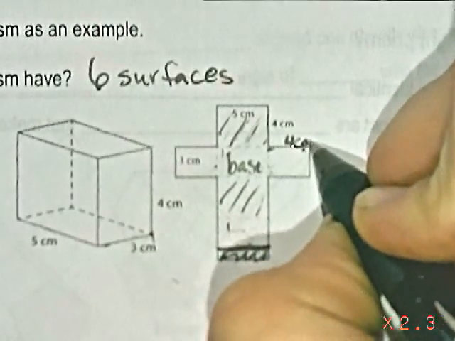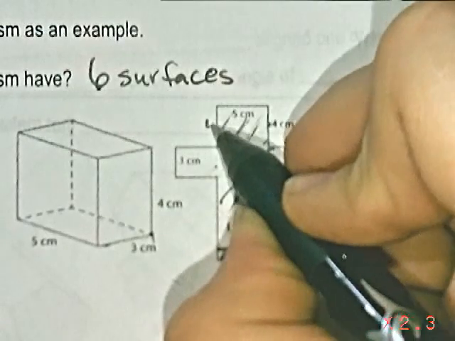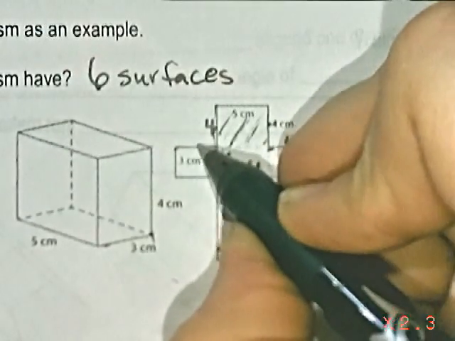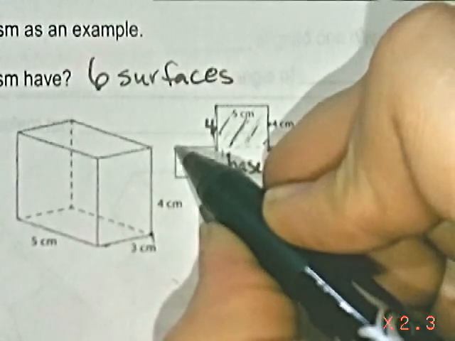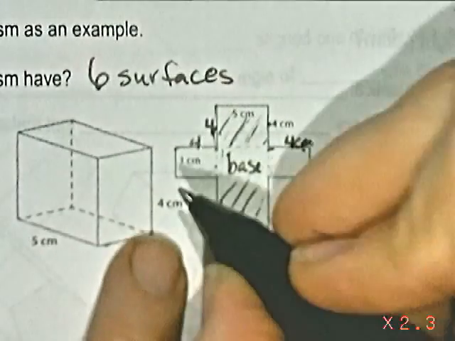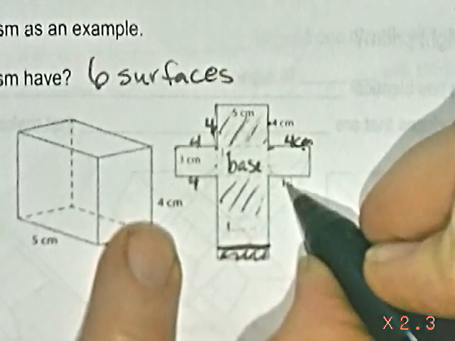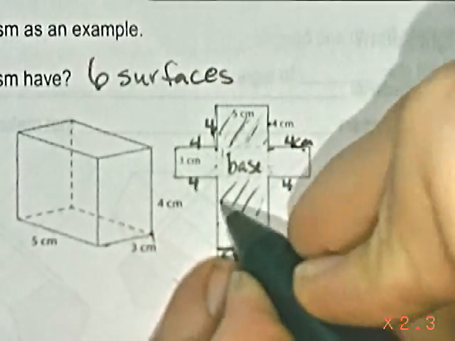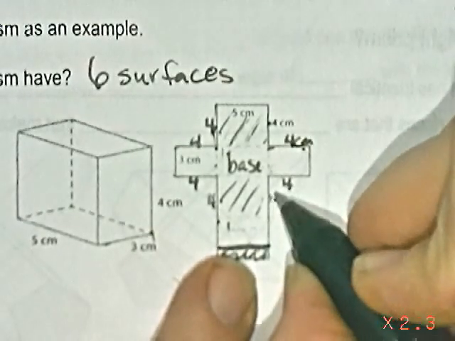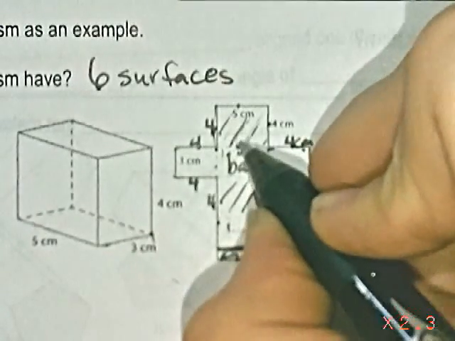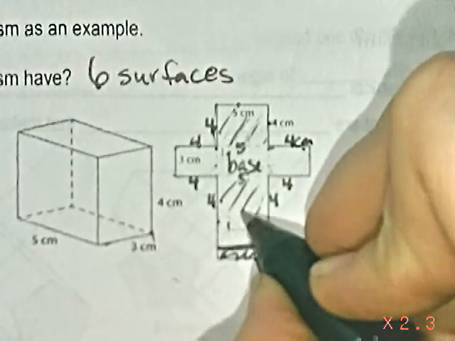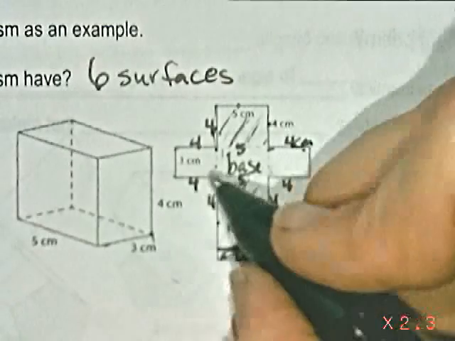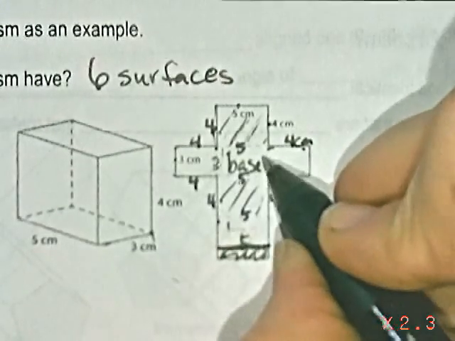And if this one's 4, this one's 4. And if this piece was connected, we cut this from this one, it would have to be 4 as well, which means this one is 4 and this one is 4. And this edge would have been connected to this edge, so this would have been 4 and this would have been 4. And our 5 centimeter dimension would be on all of those sides. This 3 centimeters would carry through here as well.